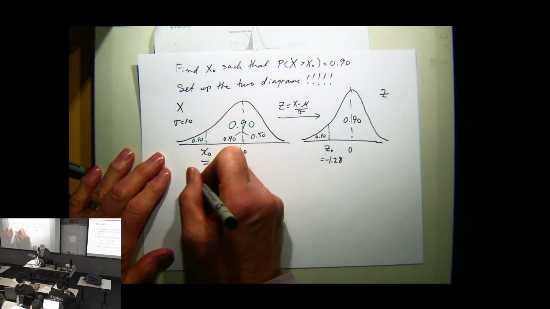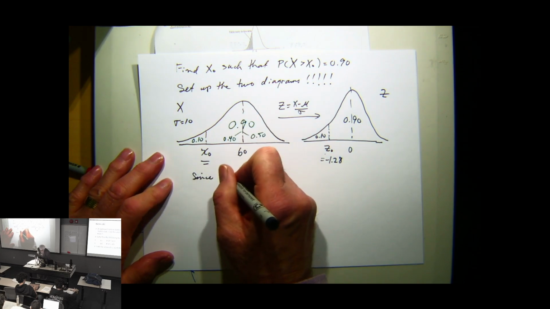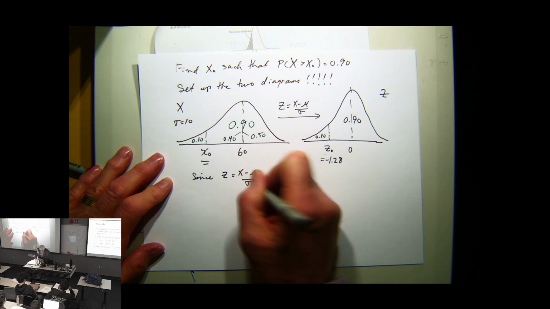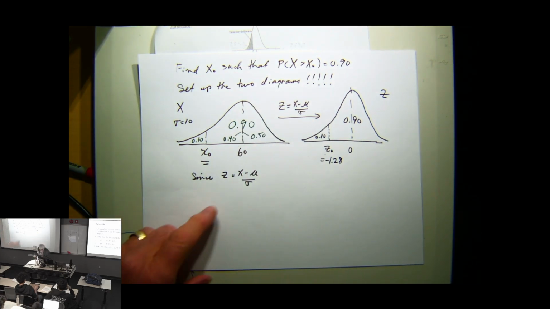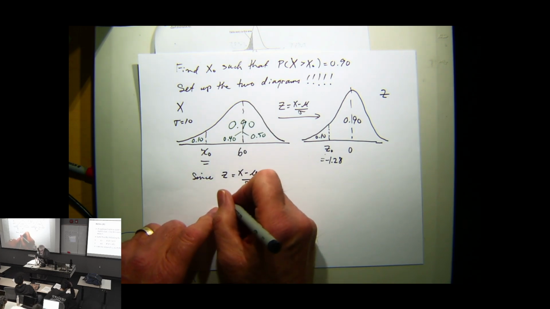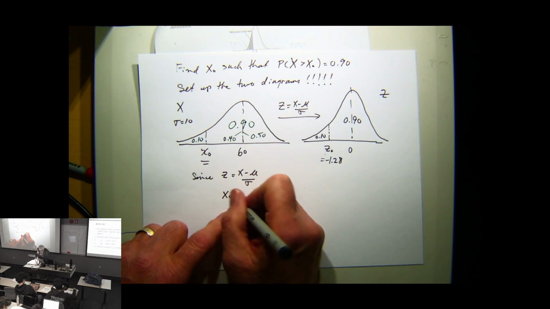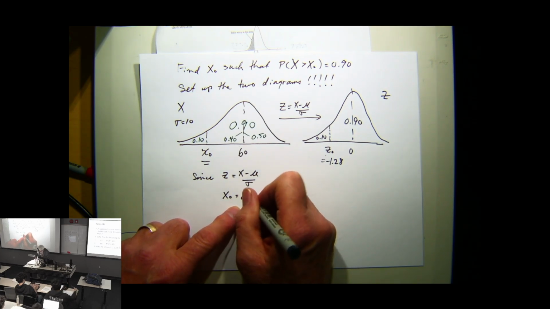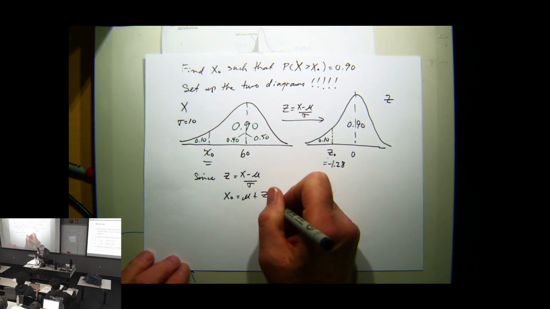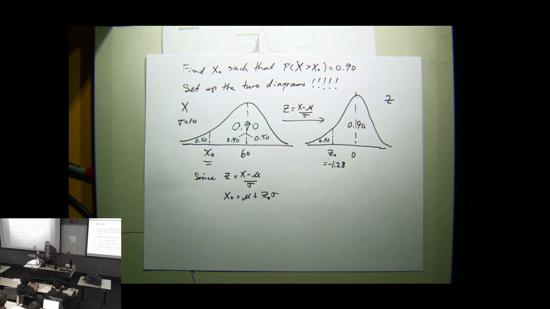And so since Z equals X minus mu divided by sigma, let's just take a look at this. X naught is going to be equal to mu plus Z naught sigma. Okay?